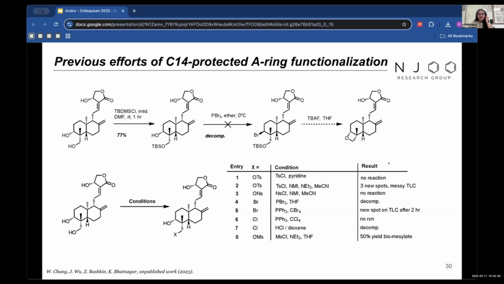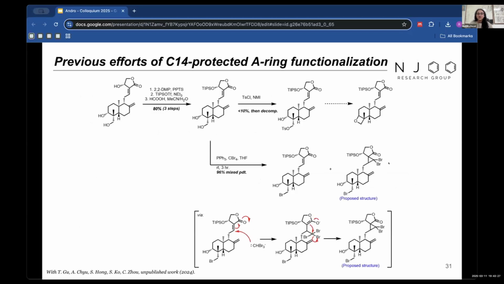Other similar leaving groups were tested on Andrographolide, such as tosyl, nosyl, and bromine, and other bulky groups. And that's where we started our campaign in synthesizing the oxetane moiety with the C19 functionalization, especially considering that it is the more reactive alcohol.